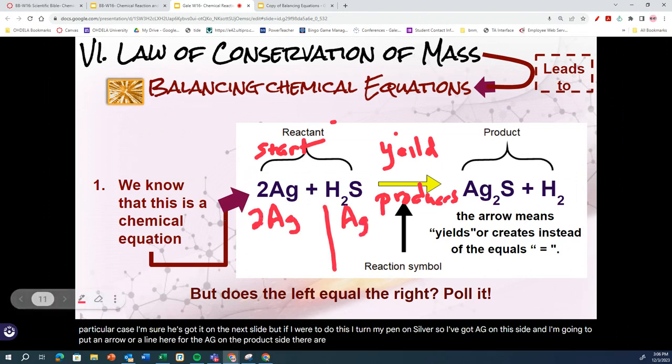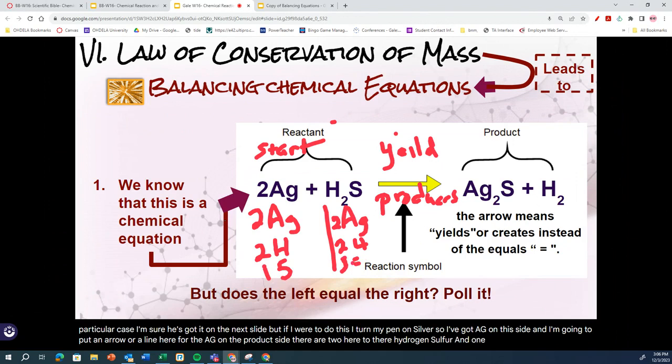There are 2 here, 2 there. Hydrogen, 2, 2. Sulfur, 1 and 1. Okay, so it is balanced.